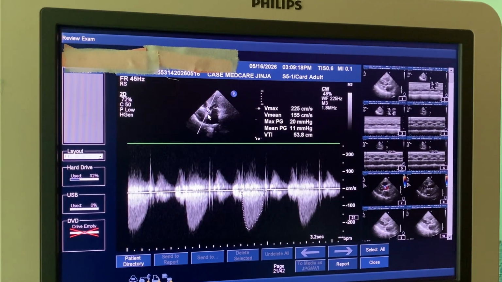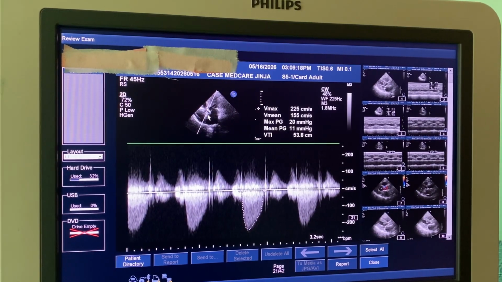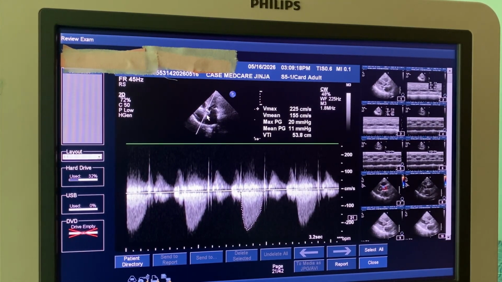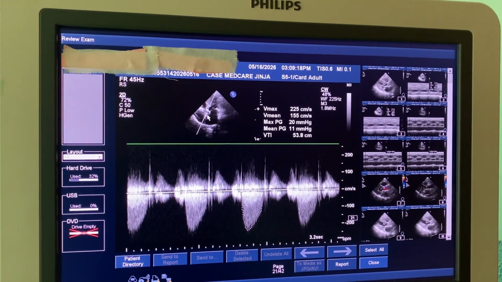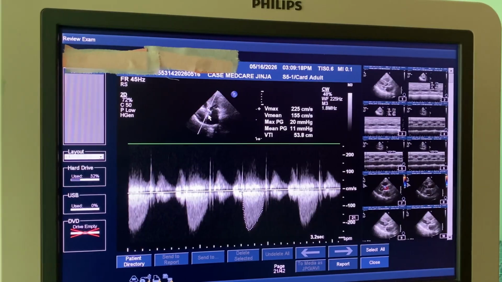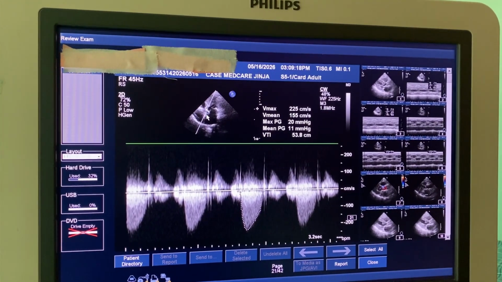You do the calculation and you find the aortic valve area is 0.99 centimeters squared. So that is the aortic valve area.